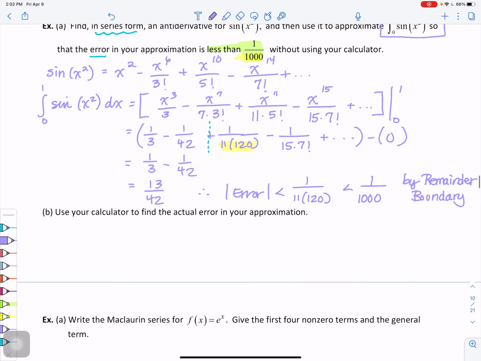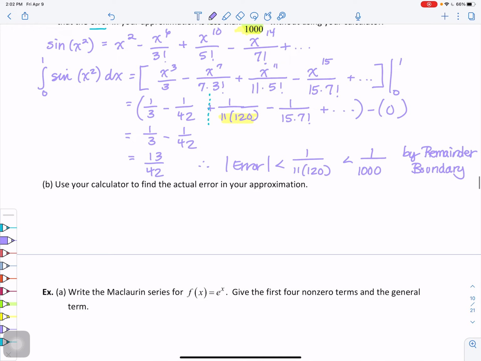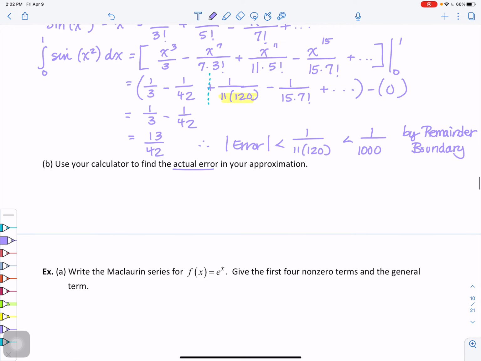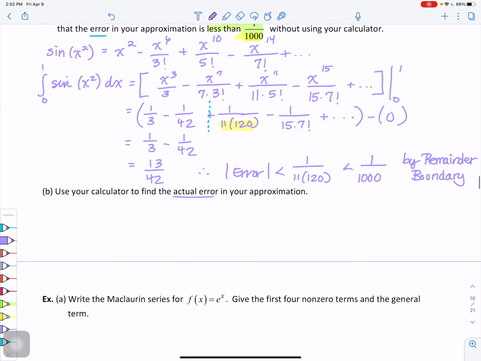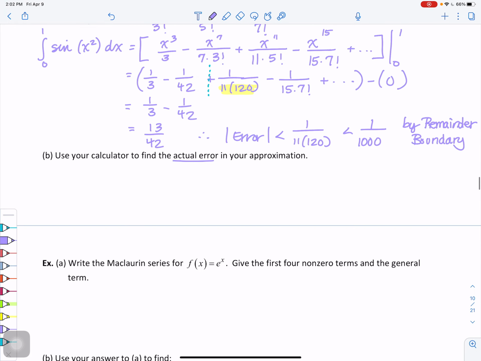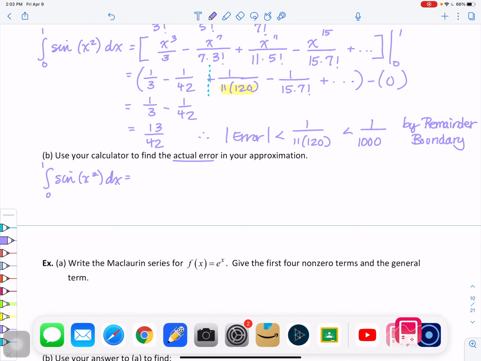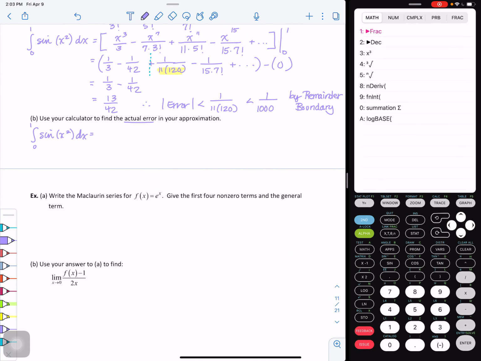Now they want us to use our calculator to find the actual error in our approximation. So don't forget, this is our approximation. 13 over 42 is our approximation. So let's see what we have here. The integral from 0 to 1 of the sine of x squared dx is equal to, so we can go ahead and bring this over here. So we can have math 9, and we're going to integrate from 0 to 1 of the sine of x squared.